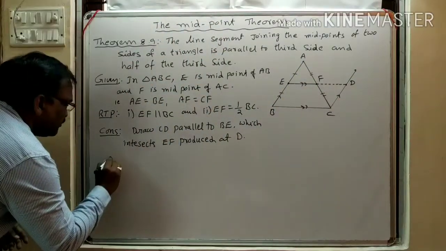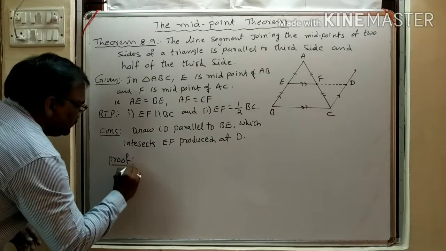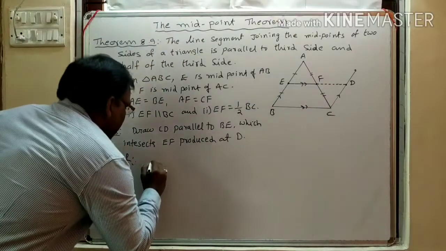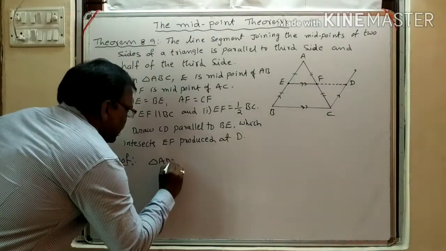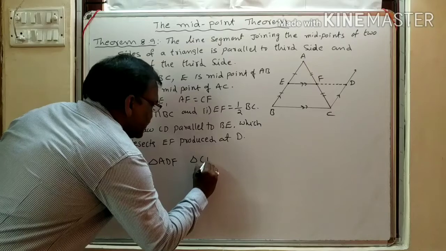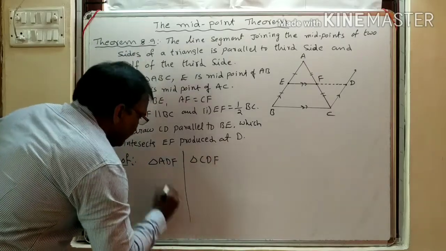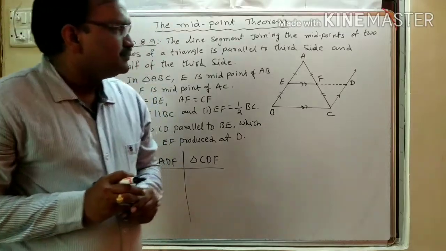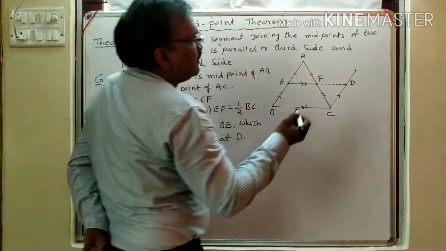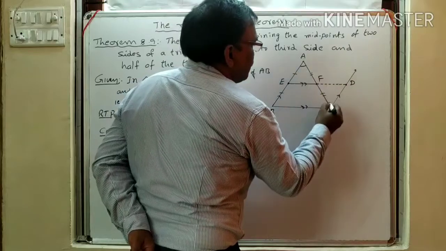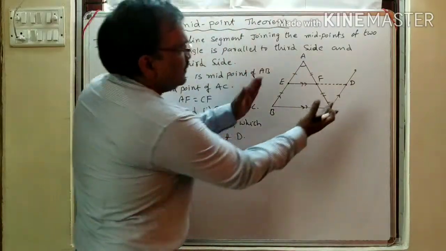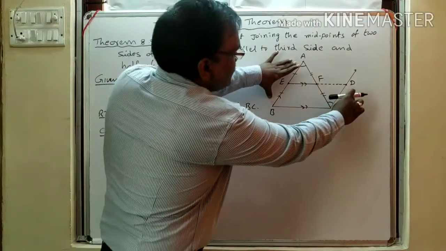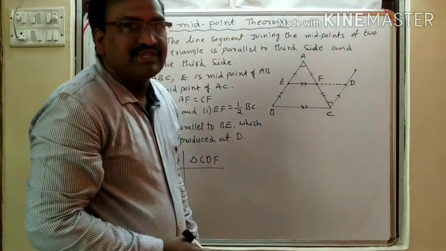So the proof. Triangle AEF and triangle CDF. Observe. What are equal? What are these two angles? These two lines are parallel. AB is parallel to CD and AC is a transversal.